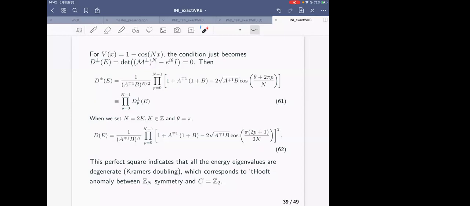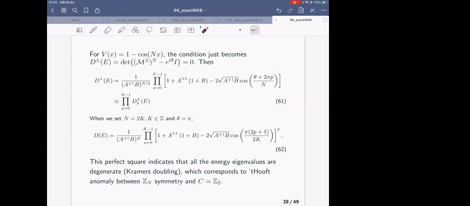Okay, when we consider not the ordinary Mathieu equation, but this potential, then the Fredholm determinant is given by just changing this factor, just multiplying the monodromy matrix further. And importantly, the result is factorized for each p.